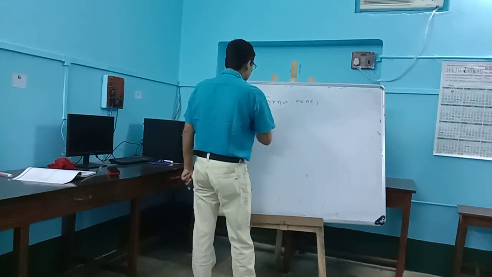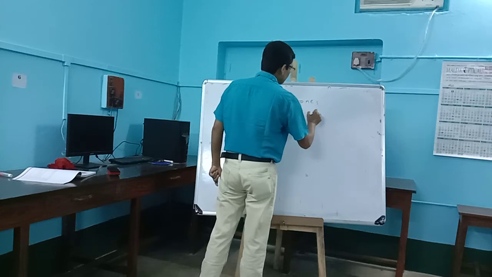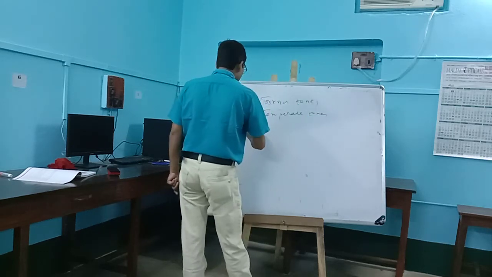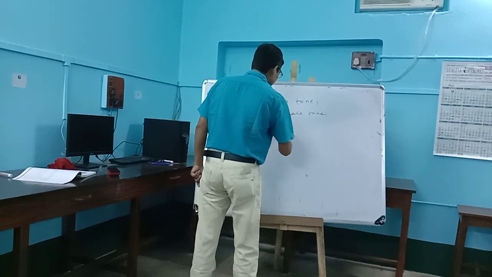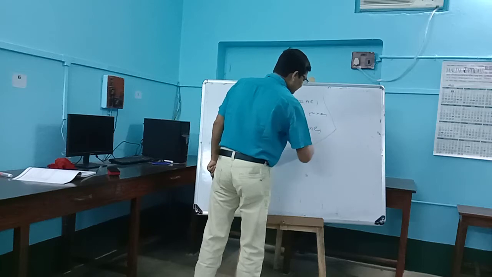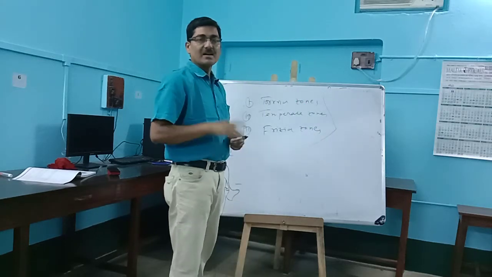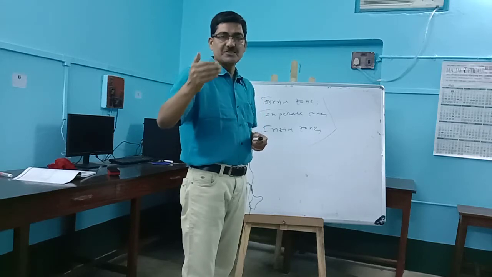Second, the temperate zone. Third, the frigid zone. These three different zones on the globe are demarcated by the lines of latitude.